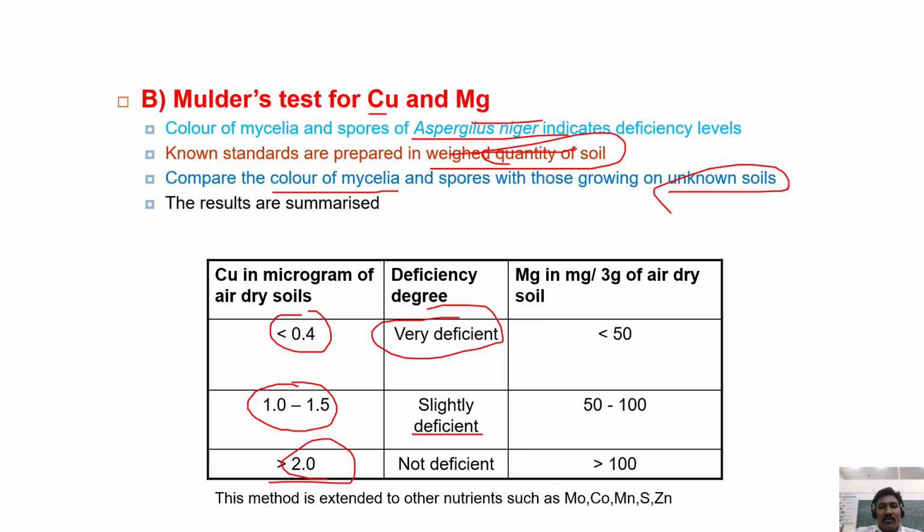More than 2, there is no deficiency. Likewise for magnesium, less than 50 milligram, 50 to 100 milligram, and more than 100 milligram. This classification is based on the milligram of magnesium per 300 gram of soil.